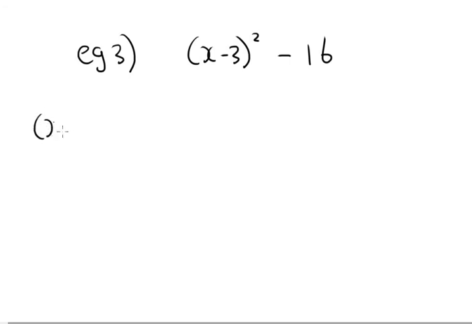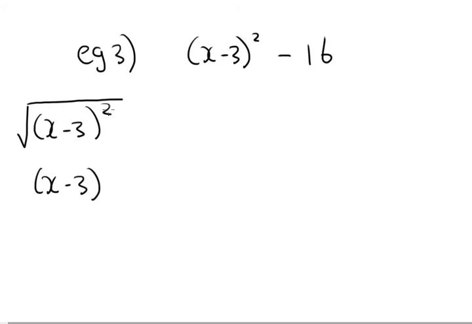Example 3: x minus 3 squared minus 16. Whenever you see this situation over here, you've got x minus 3 squared. This is a perfect square, because if you find the square root of x minus 3 squared, that is going to give you x minus 3.